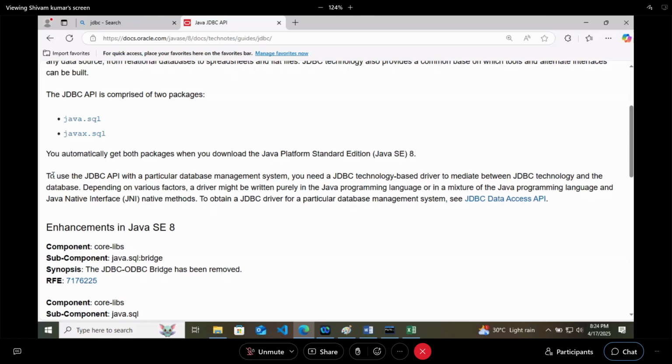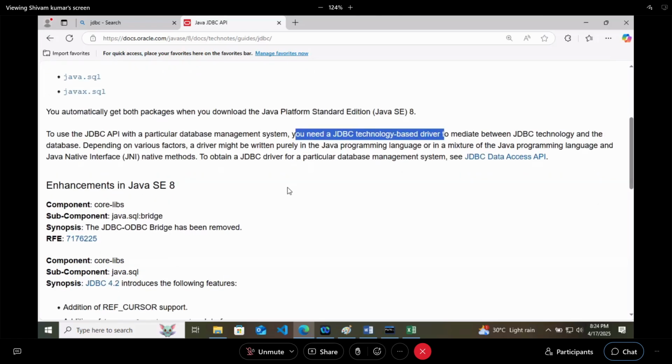Now, to use the JDBC API with a particular database management system, you need a JDBC technology based driver. Means if you are working with MySQL, you need the driver of MySQL.